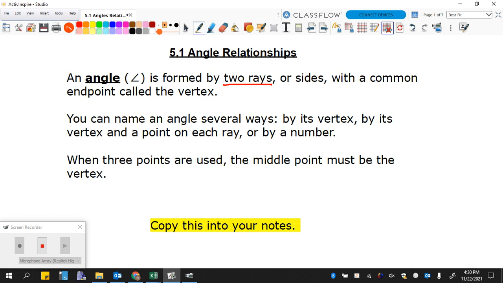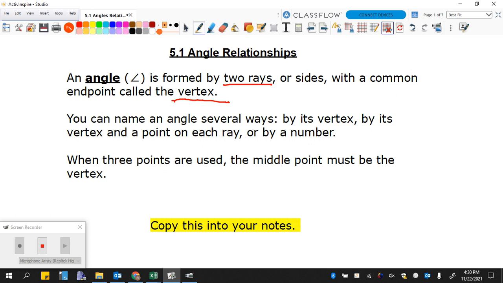Those rays are called sides, and the common ending point is called the vertex. The two sides go on indefinitely in a certain direction.